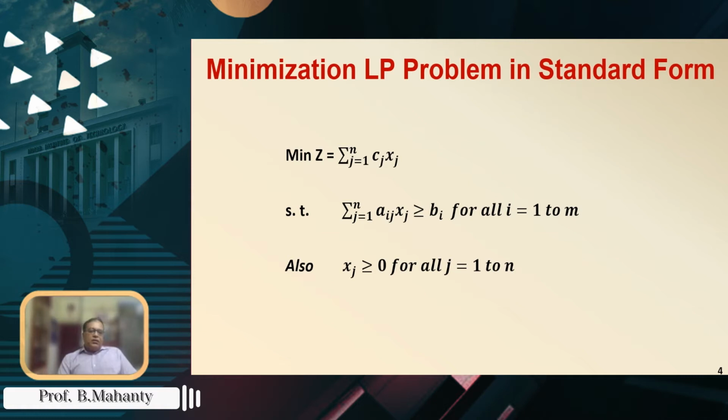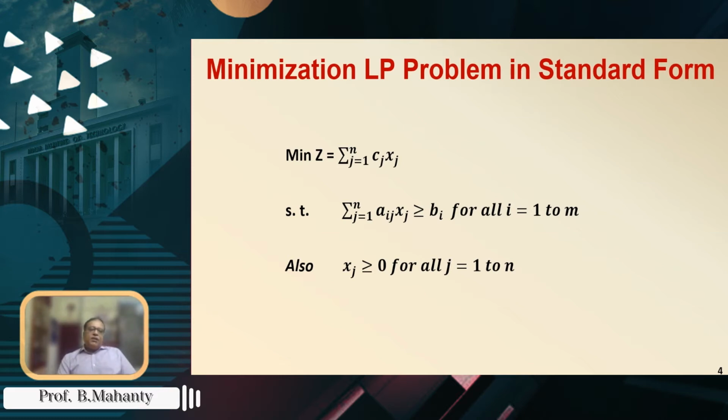And also the non-negativity criteria, so that the problem is solved in the first quadrant only, are also to be maintained, which is xj should be greater than equal to 0. So in a nutshell, we have an objective function which is minimization. We have the constraint type, all are greater than equal to, and the non-negativity criteria should also be satisfied, that is greater than equal to 0. That is the minimization in standard form.